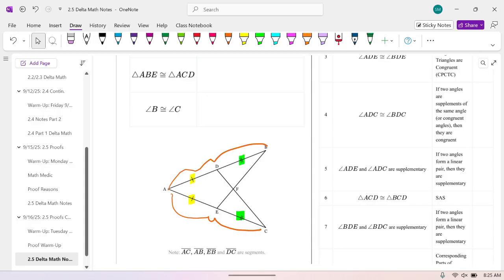Guys, think logically. Look at what it's made up of. It's made up of two already proven congruent segments, right? So by segment addition, if you add two congruent segments, then that sum will be congruent, right?